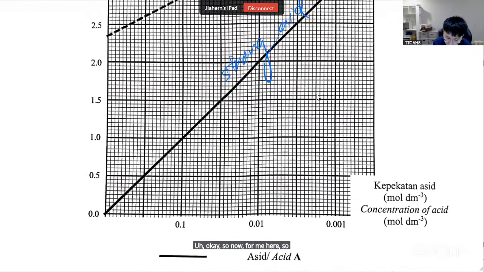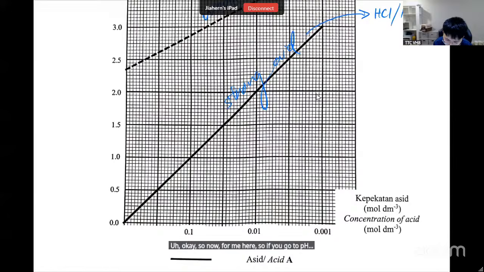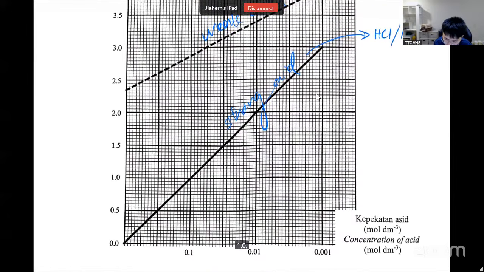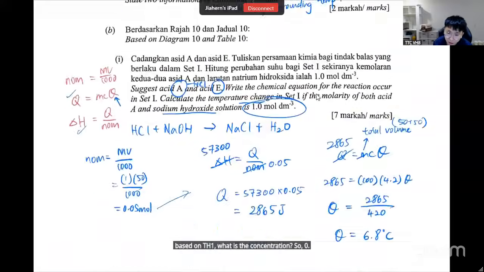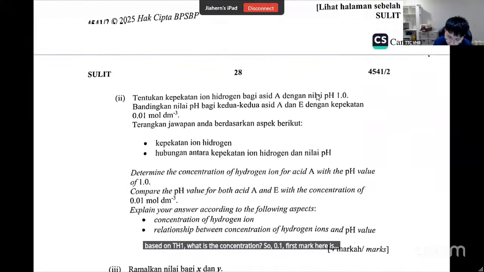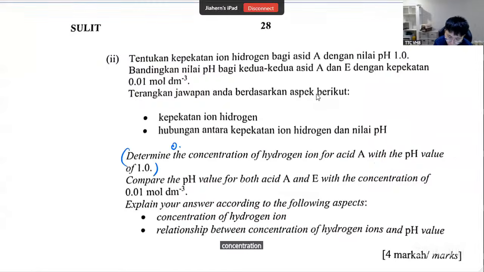So if you go to pH 1.0, your concentration is 0.1. That is the first mark. Based on pH 1, what is the concentration? So 0.1. Our first mark here is concentration 0.1 mole dm⁻³.